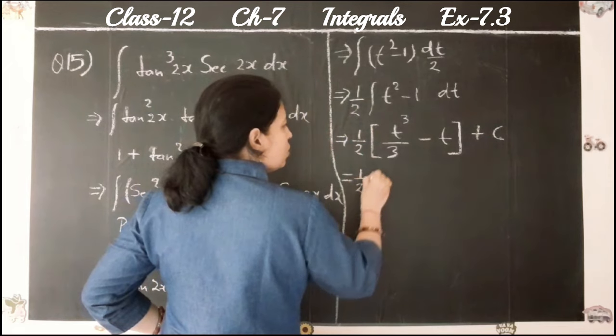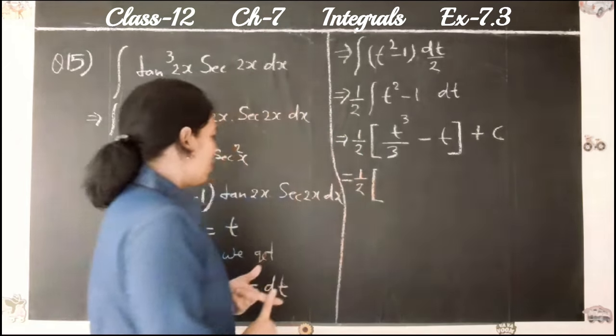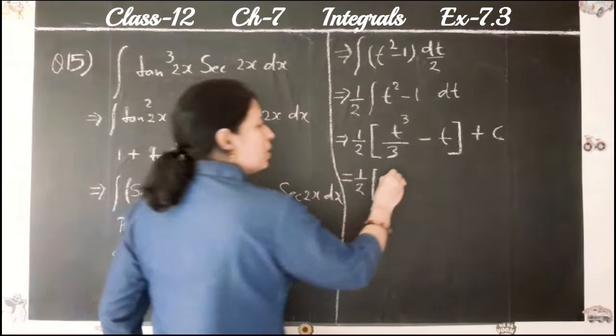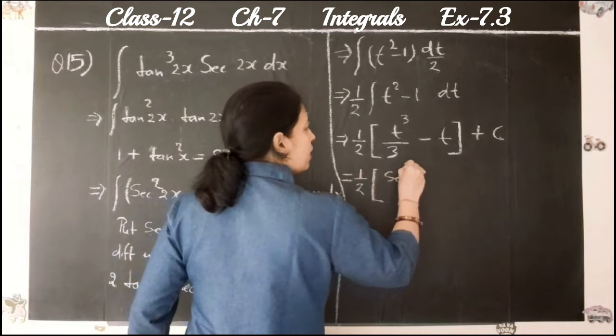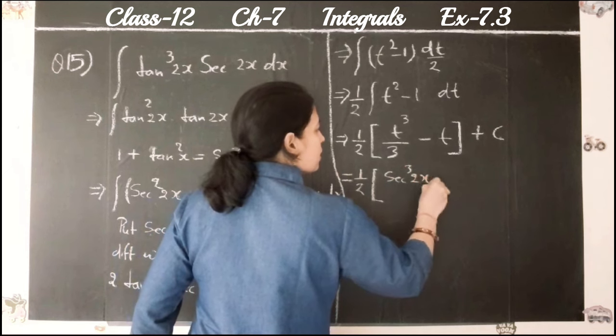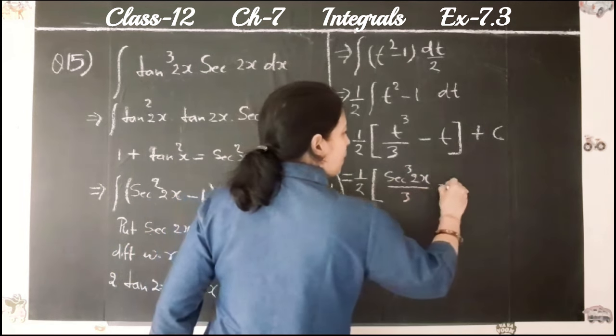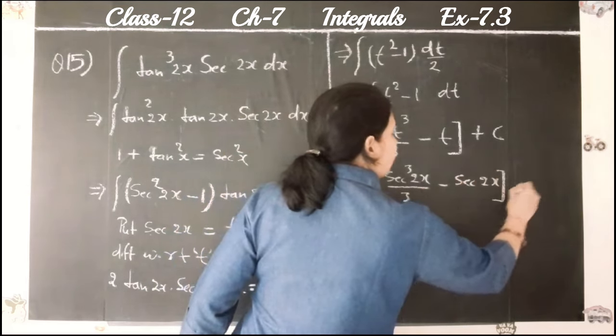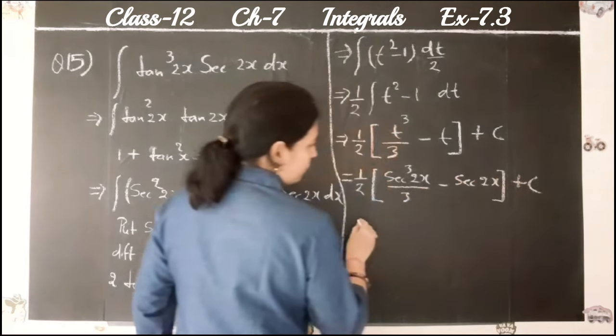So write here 1 by 2, put the value of t equal to sec 2x. So it will be sec cube 2x divided by 3 minus sec 2x, and write a constant c.